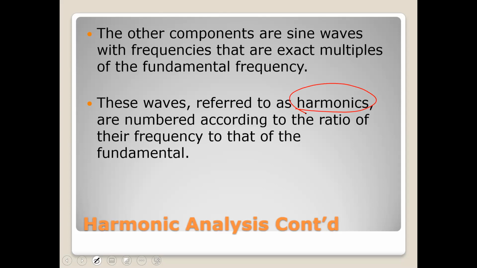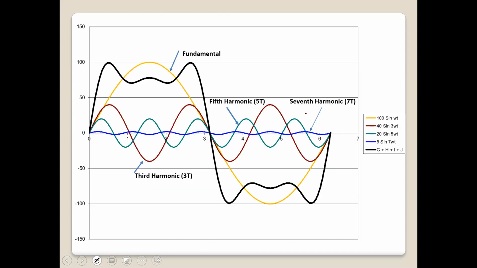And we number them according to the ratio of their frequency to that of the fundamental. In other words, the 3 omega t would be the 3rd harmonic. The 5 omega t would be the 5th, and of course the 7 omega t will be the 7th.